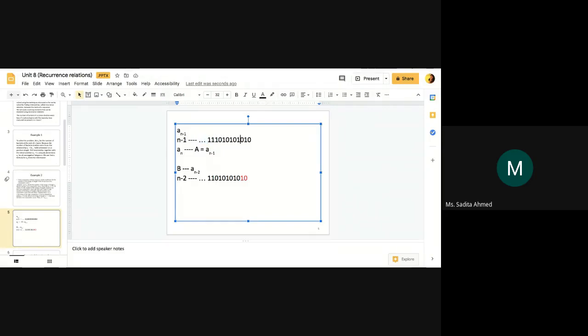It will follow this sort of structure, and whatever it is, it will never have two consecutive zeros. So all the bit strings of length n minus 1 that are counted here will be such that there are no two consecutive zeros. This kind of situation will not occur, right? Is that clear so far, guys?